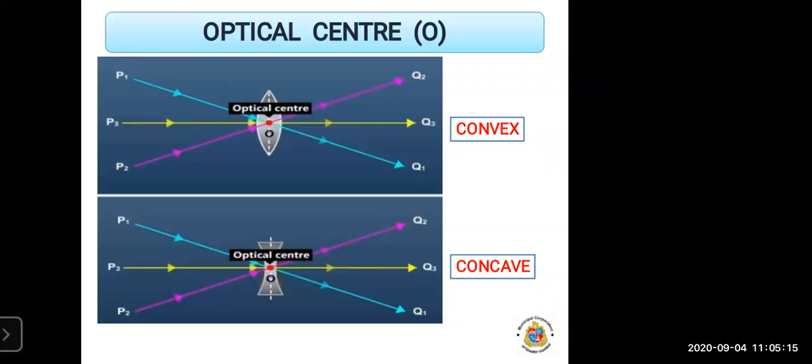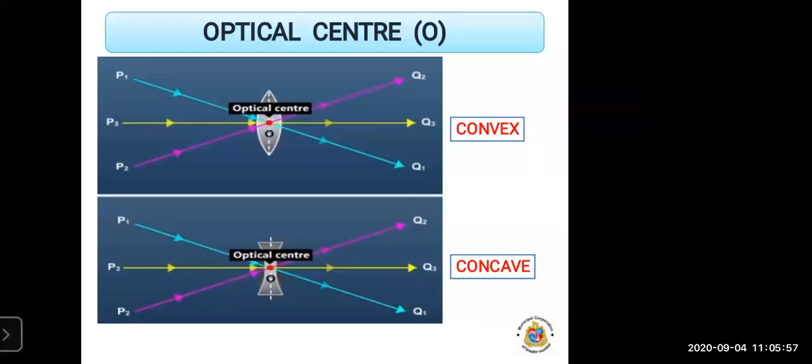Okay, so here in the optical center, look at the light rays incident and passing through the optical center. In the lens, there is a point O which is in the center on the principal axis. The point O is denoted on the principal axis, and when the light rays pass through the optical center, it does not change its direction. So remember this point. All the 3 rays, that is P1, P2 and P3, are the incident rays.